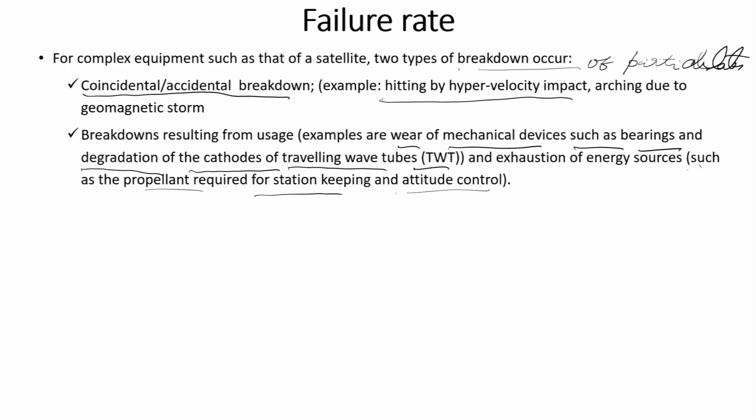When these things happen, we call it the end of life, and we will see that the failure rate will be different for both cases. That we will see when we discuss the bathtub curve.